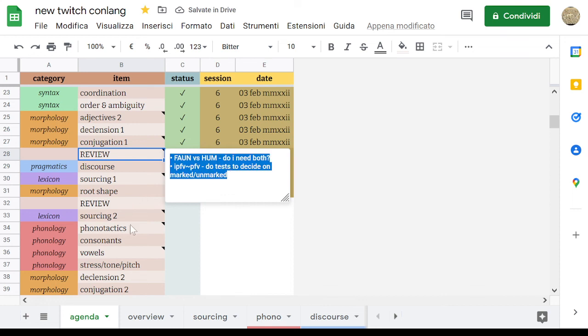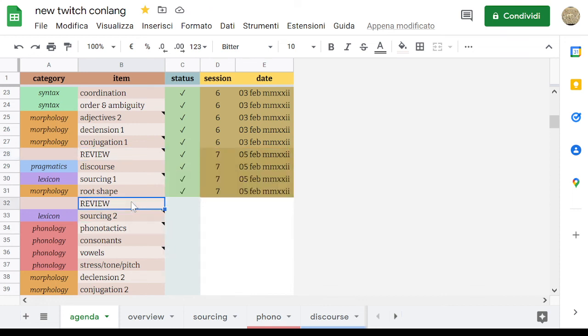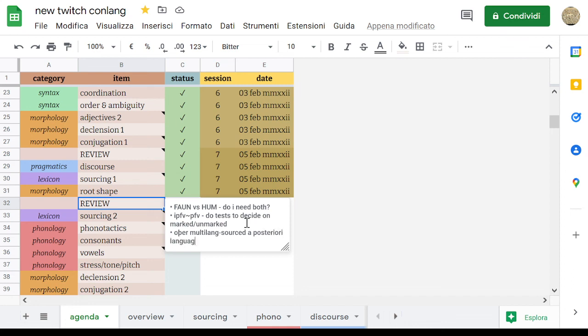So hopefully by next time, which will be Thursday, from 5 p.m. to 7:30 p.m. Pacific, I'll bring in these, and I also am going to bring in other multi-language sourced a posteriori languages.